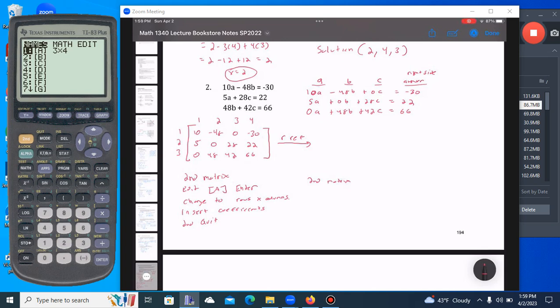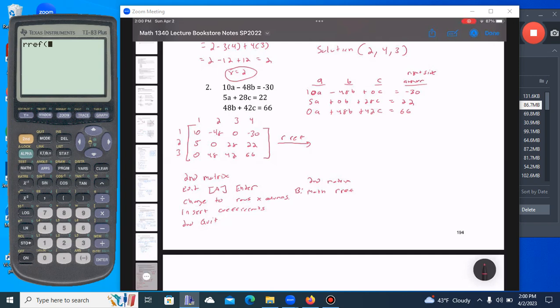So now we know that's our matrix. We're going to go over to math. We're going to do RREF. And I think it's the 10th one. No. B on this one. The B will be RREF.